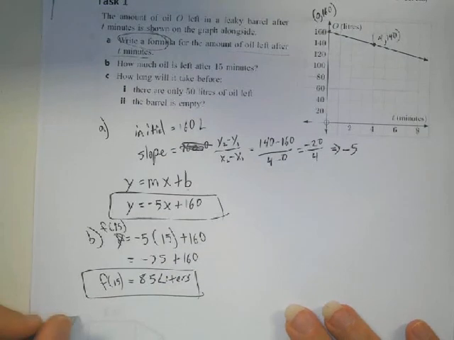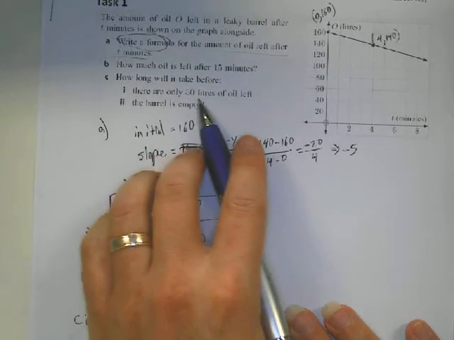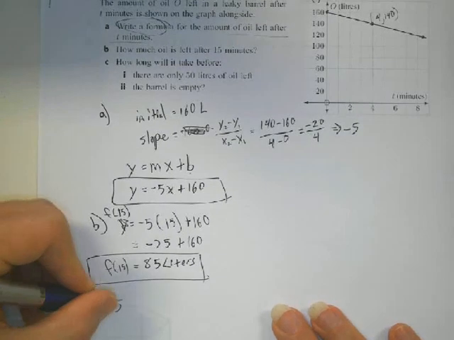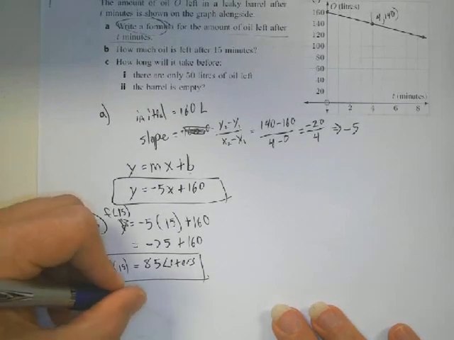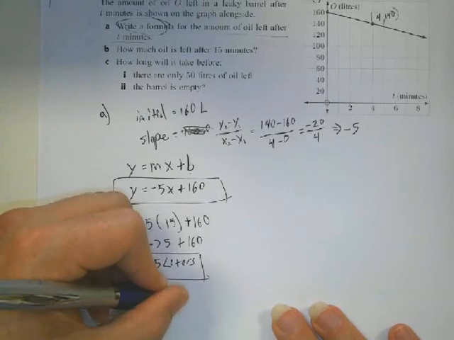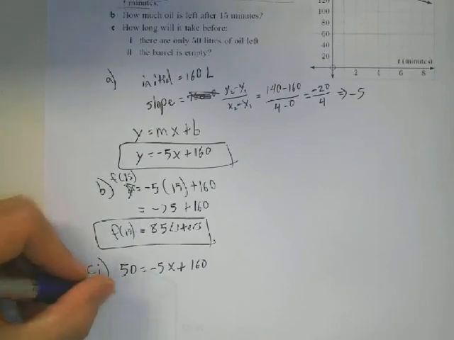Okay, C, question I. How long will it take before there's only 50 liters left? So I'm going to say 50 equals negative 5x plus 160. Subtract 160 on both sides.